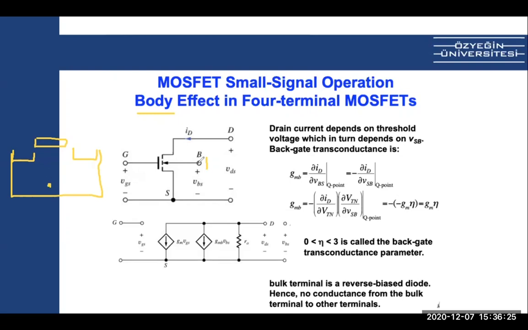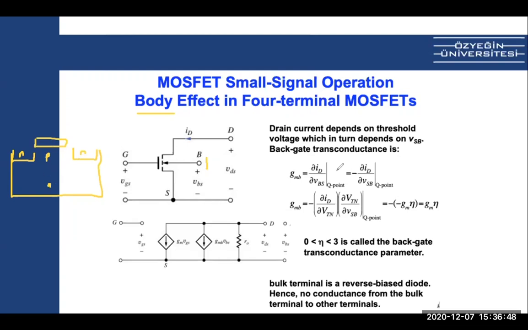And the body actually affects your circuits. If you look at the CMOS physics, these were NPNs, and the body creates another substrate. And this substrate basically defines the flow of your current.